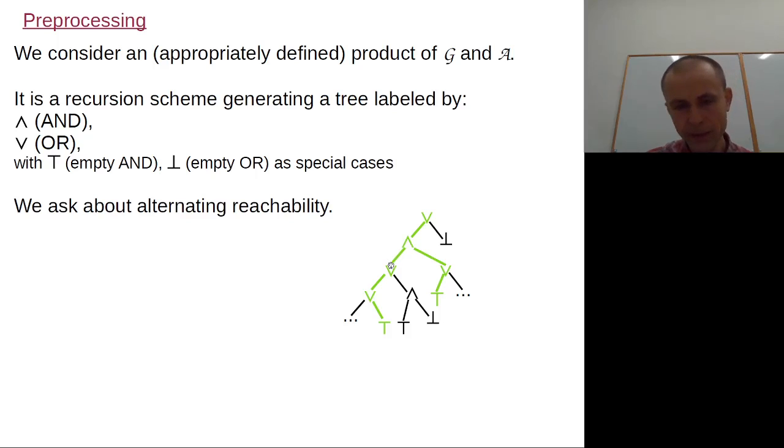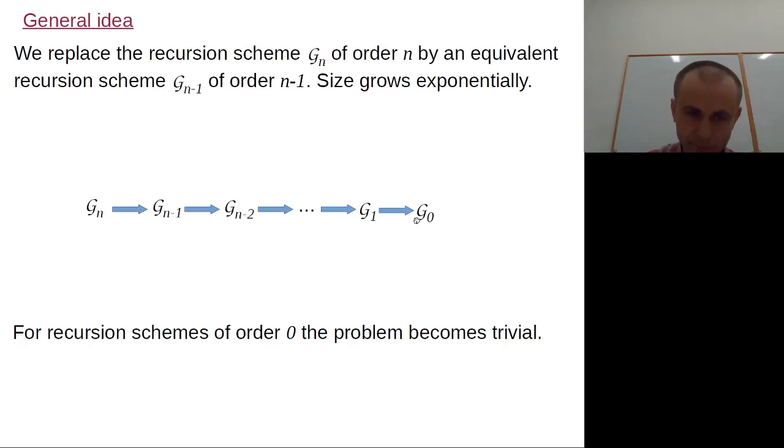Here we cannot go right, because here is AND, and below this AND we have bottom. So this subtree is rejecting, but we can go to the left, and here we have again OR, we can go to the right, and we can accept. So this green subtree witnesses that the whole tree should be accepted.